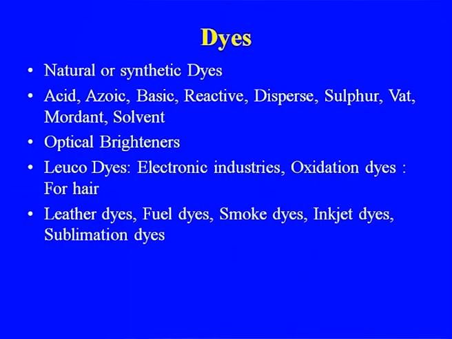And synthetic dyes are made from various chemicals: acid, azoic, basic, reactive, disperse, sulphur, optical brighteners, leuco dyes, and the electronic industry uses them. Oxidation dyes for hair, leather dyes, fuel dyes, smoke dyes, inkjet and sublimation. So, these are the different grades of dyes that we are using in some form or other.